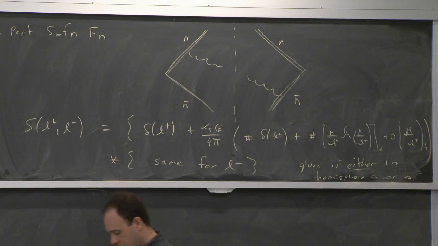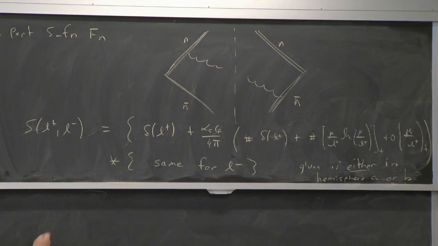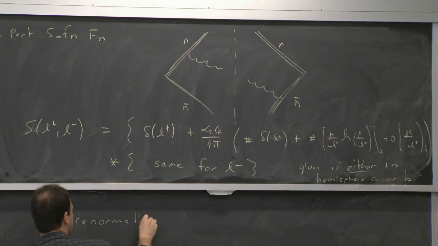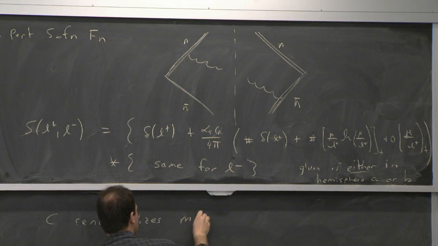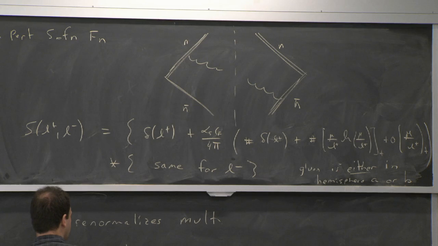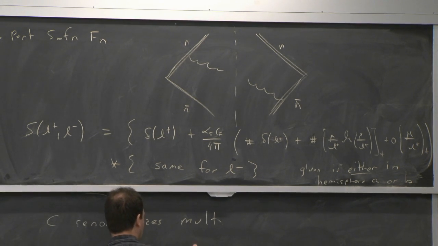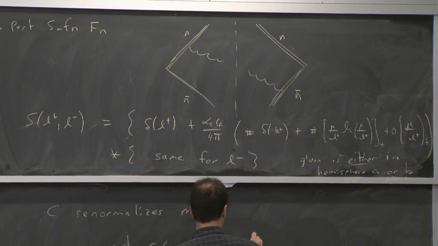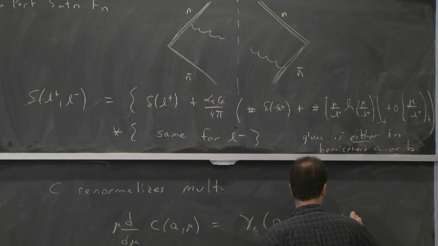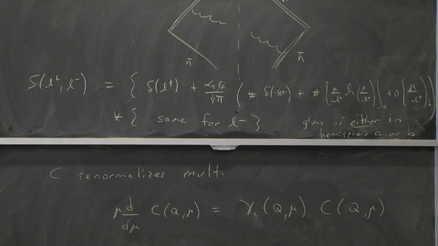Okay. So that gives you an idea of what these perturbative functions look like. If you talk about renormalization, C renormalizes multiplicatively. And so the renormalization group equation for C is just like the one we had before for beta S gamma. There's no integrals. And that again came about from the kinematics fixing the variables.